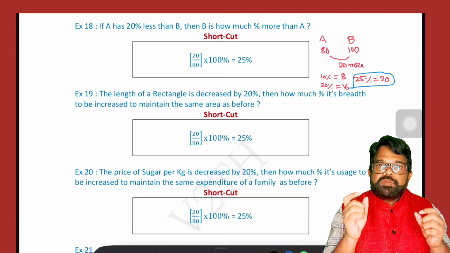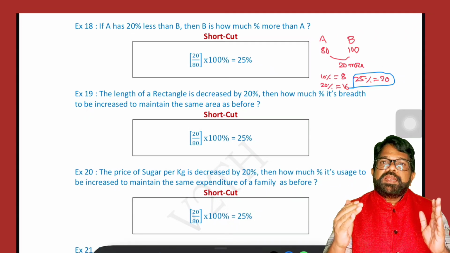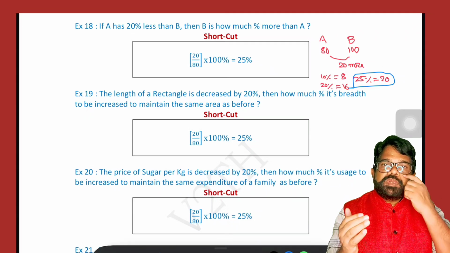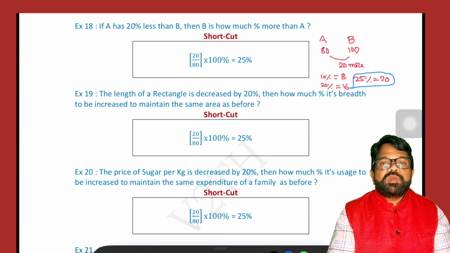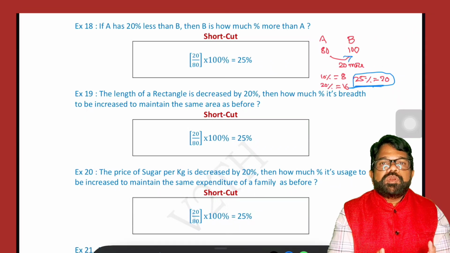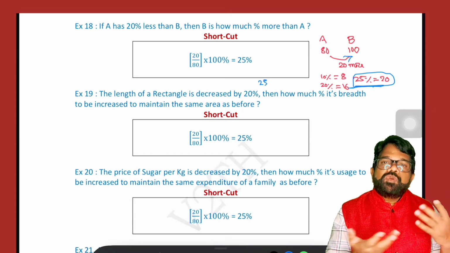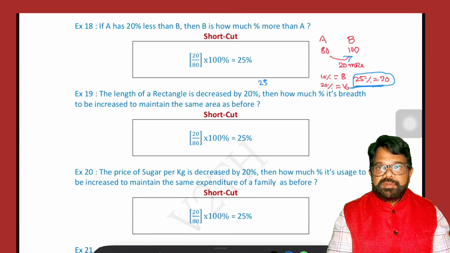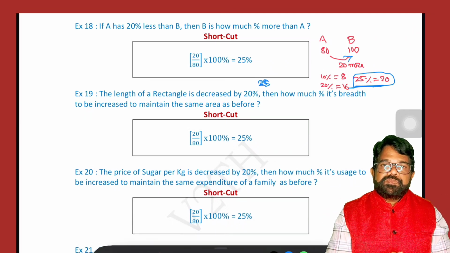So A is 80, B is 100, and B is clearly more than A. How much percent more? 25%, which is indirectly 1/4. Instead of calculating 25%, take 1/4. What is 1/4 of 80? 20. So it is 25% more. Or by observing the keynote, R by 100 minus R into 100.